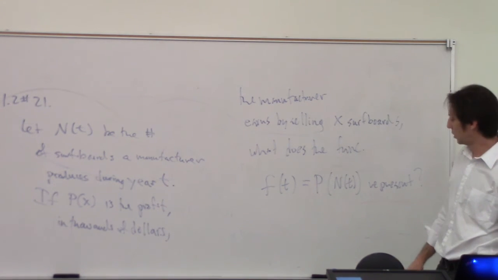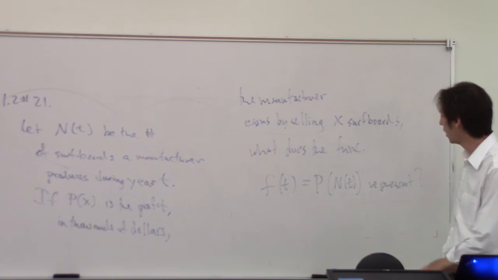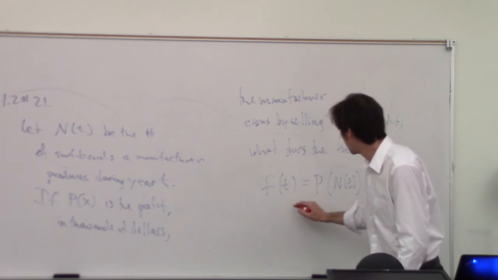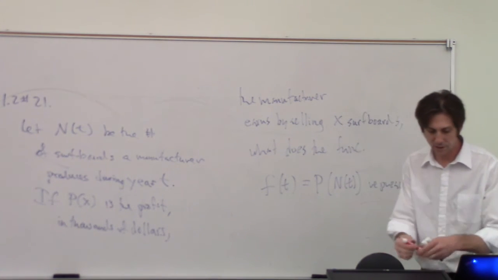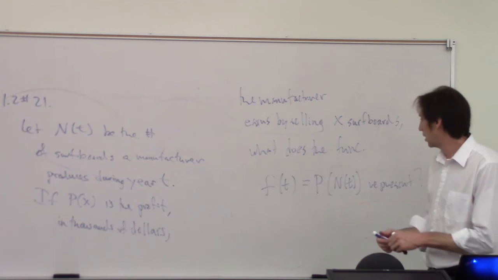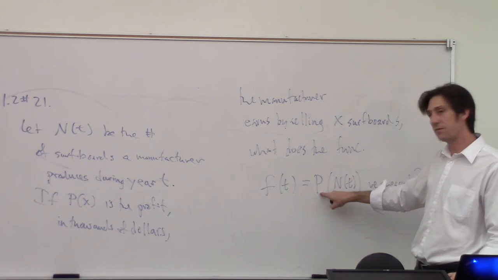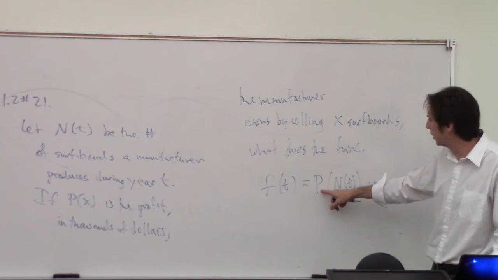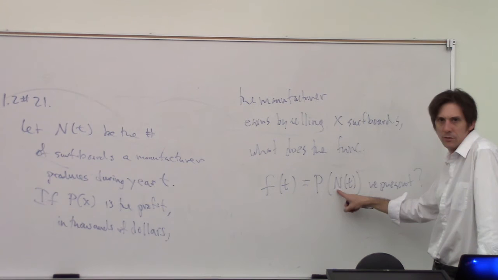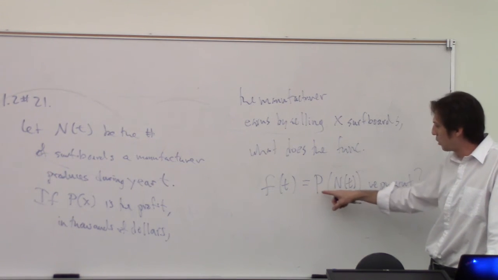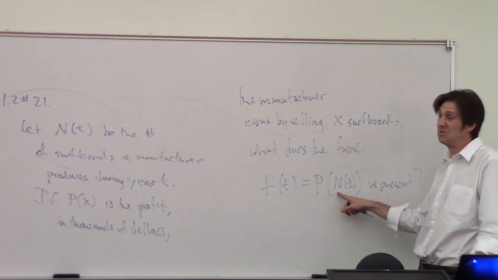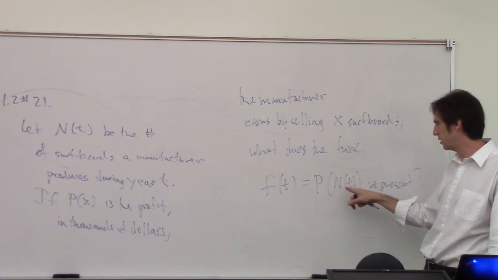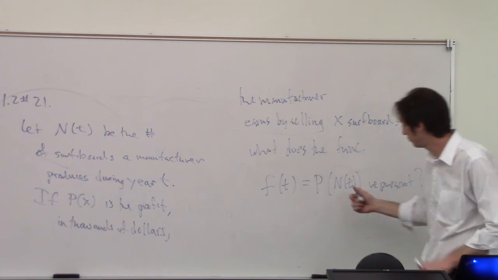So here, one way to write what this composite represents is this. This composite function is still profit. Okay, it's not the profit from selling X surfboards, but it's the profit from selling N surfboards. And not only is it the profit from selling N surfboards just any old time, but it's the profit from selling N surfboards during the year T. Okay, that's what this is.